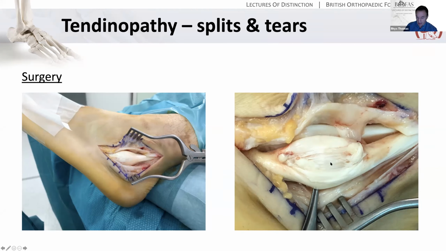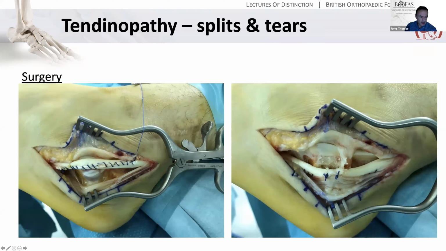The brevis tendon actually was in fairly good condition, and the tendon was then tubularized to try and make a more normal looking tendon, trying to wrap up the diseased tendon in the middle in a way. And this enlarged peroneal tubercle was then resected and covered with bone wax.